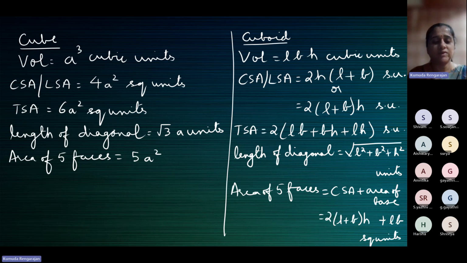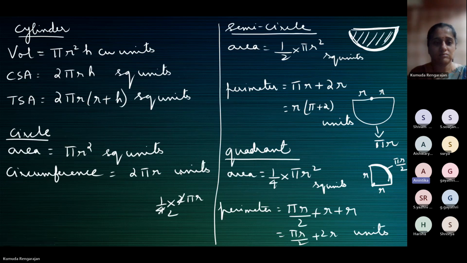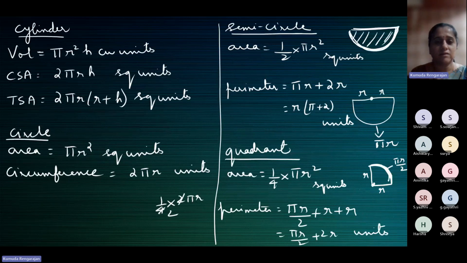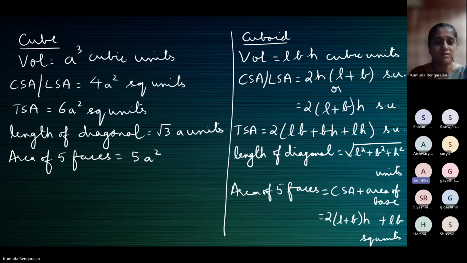So where were we when you joined the class? The cylinder, from the TSA one only, from the previous slide. The previous slide is this one. This is the first slide, and this is the next one. Yeah, where were we when you joined, Anintika?